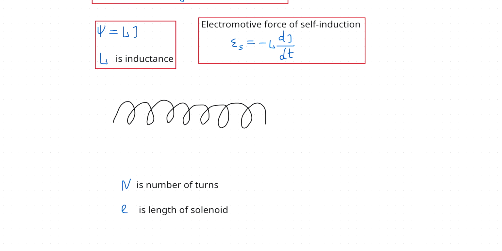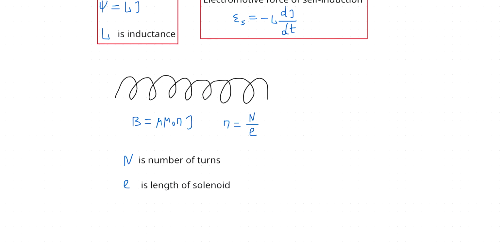In this case, the magnetic field inside the turns of the solenoid is homogeneous and has absolute value B equal to mu 0 n I, where the letter n is equal to N divided by L.